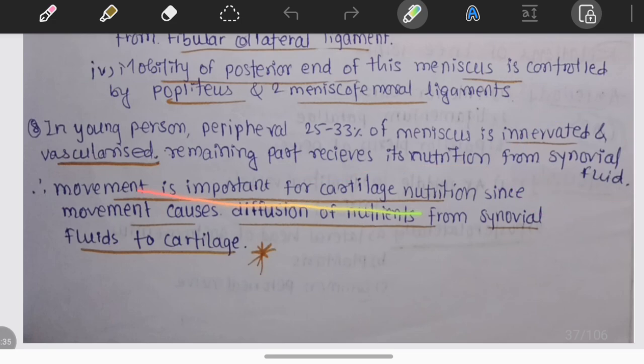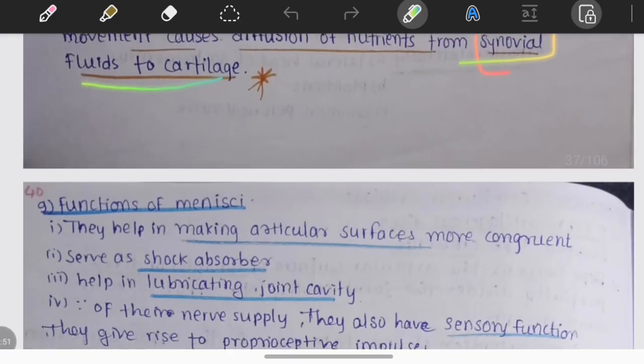Movement is important for cartilage nutrition, since movement causes diffusion of the nutrients from the synovial fluid to the cartilage.